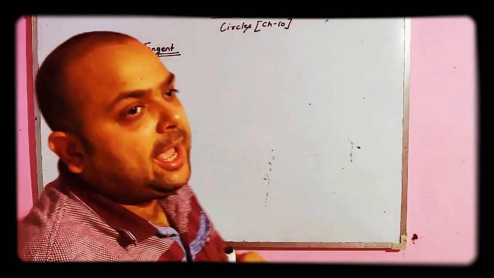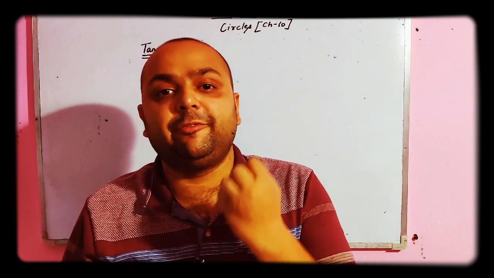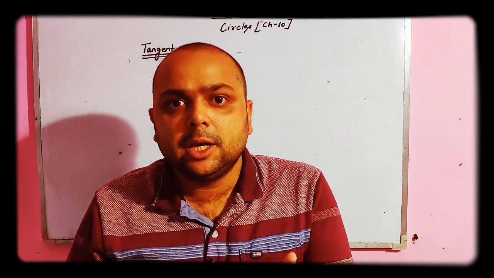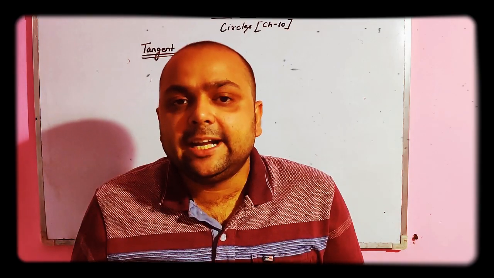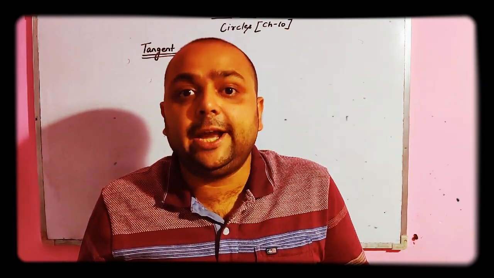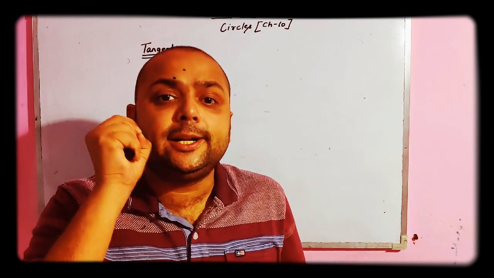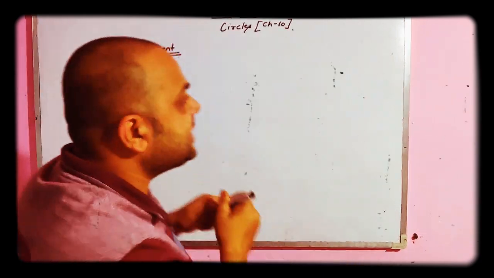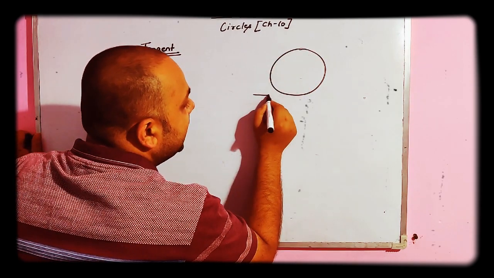The topic that I am going to start is tangent. Please see this topic very carefully. Now what is a tangent? A line that touches the circle at only one particular point is called a tangent. Like in this diagram, we have a circle and this is a line.